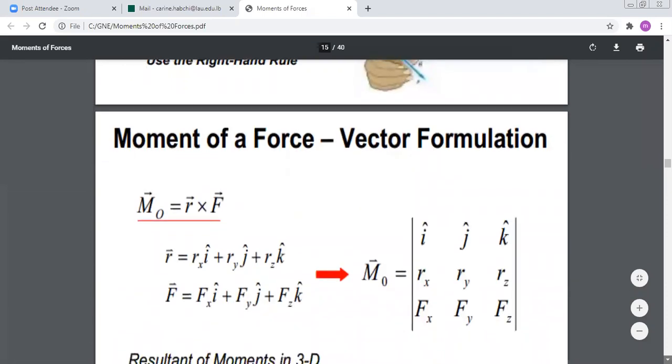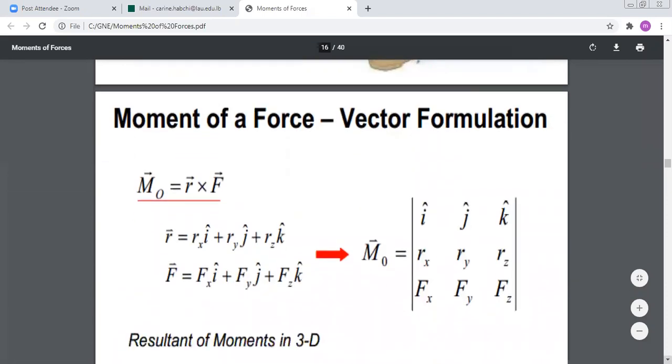Now, in this way, to calculate the moment, I can use the analytical method, because we have seen together that if I have 2 vectors A vectorial B, I can calculate the vectorial product analytically.